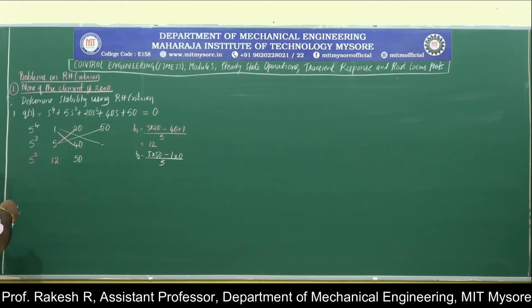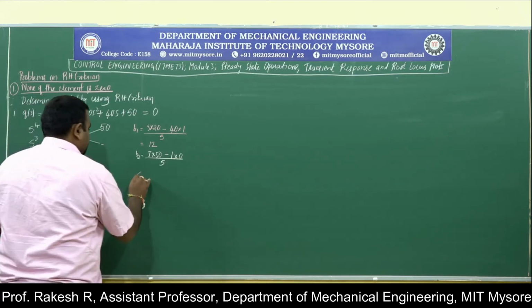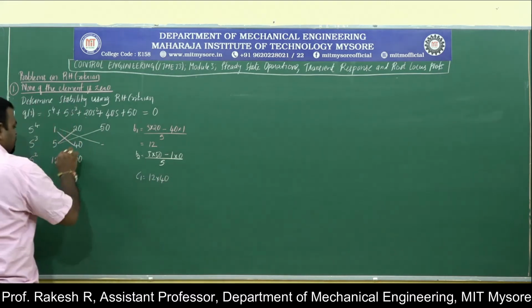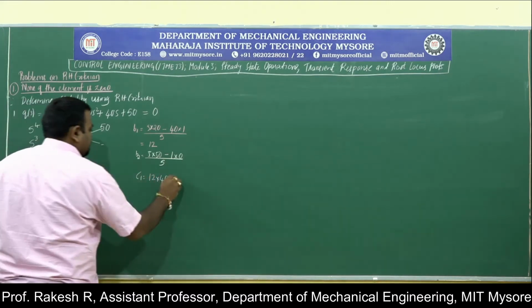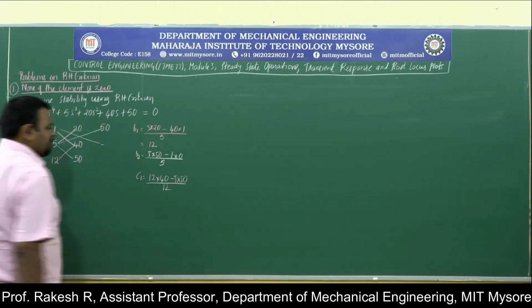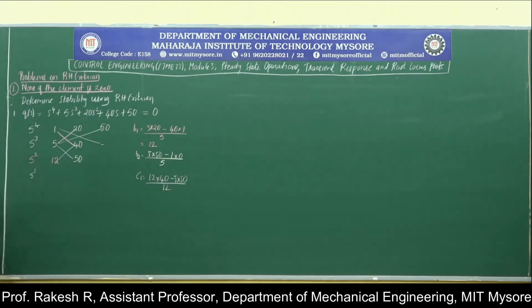Then I need to compute s to the power of 1. S to the power of 1 is 12 into 40. This I will call it as C1. 12 into 40 minus 5 into 50 divided by 12. So when you compute this, the value will be equal to 19.167.